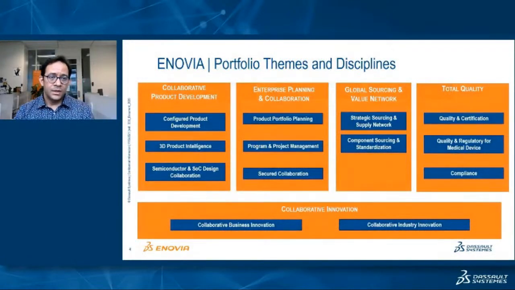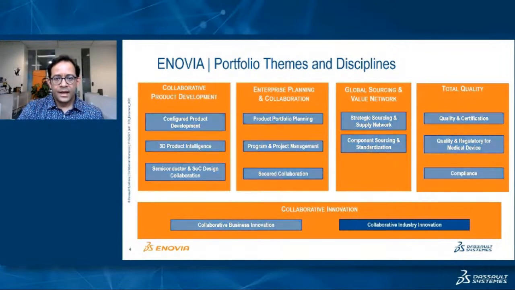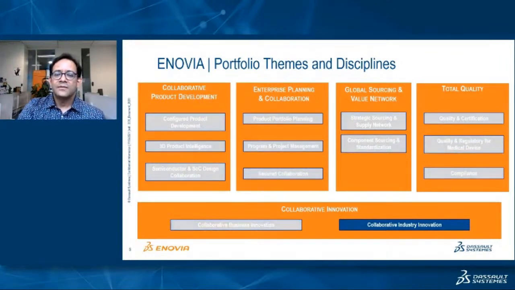And today we are going to focus on the majority of these disciplines in the ENOVIA portfolio. As you can see, we organized all of the ENOVIA roles under a specific discipline or disciplines in each one of these portfolio themes. So now we will start with the collaborative innovation.